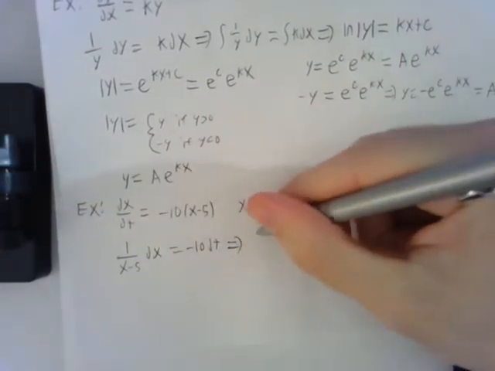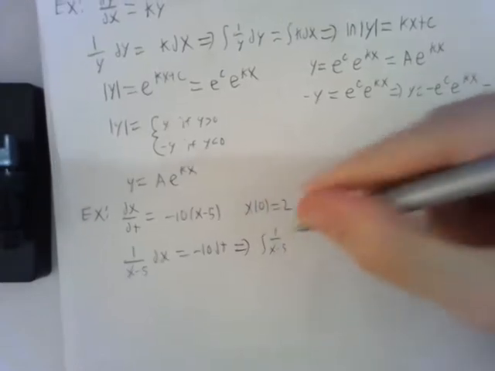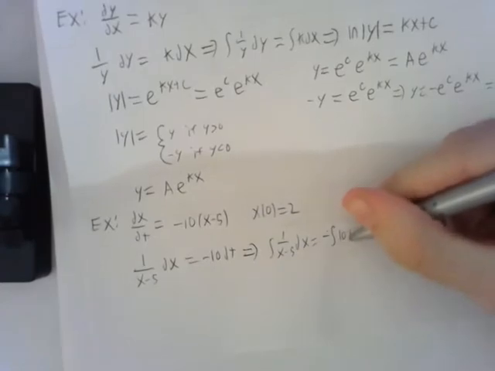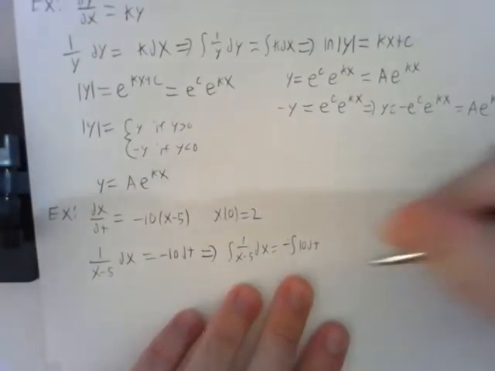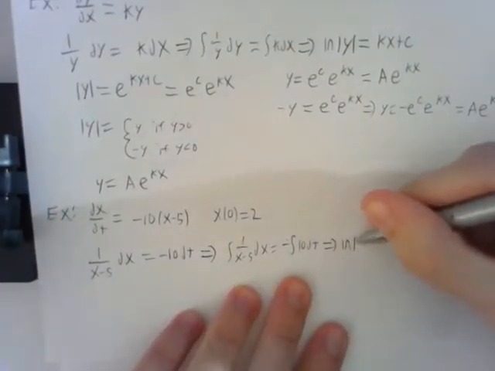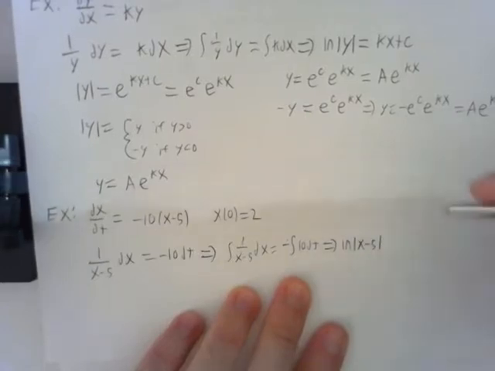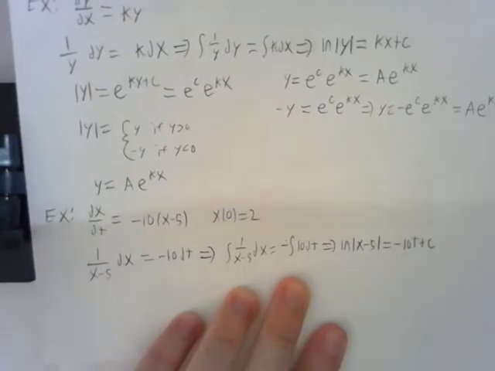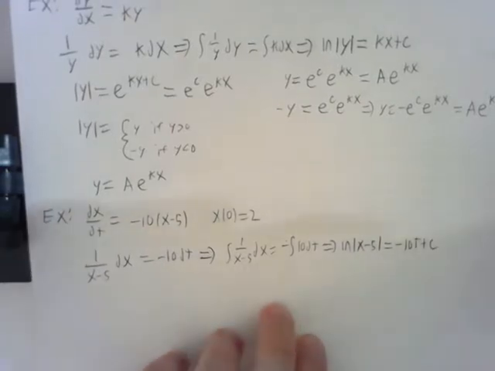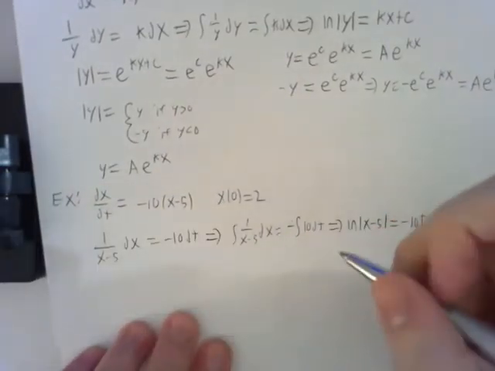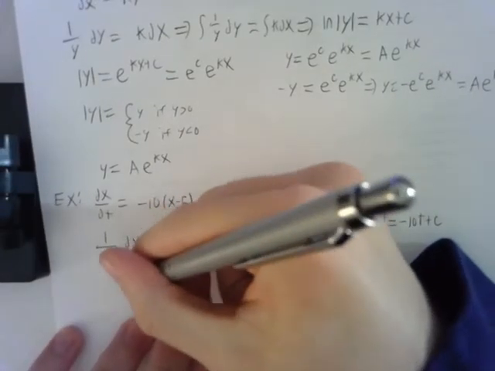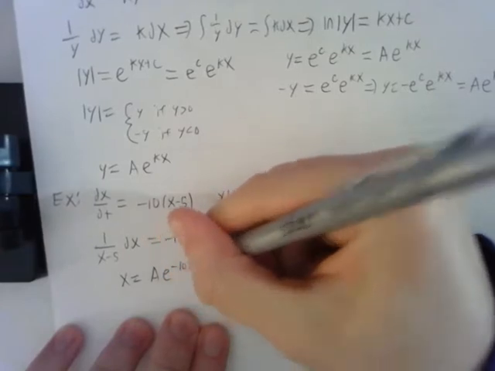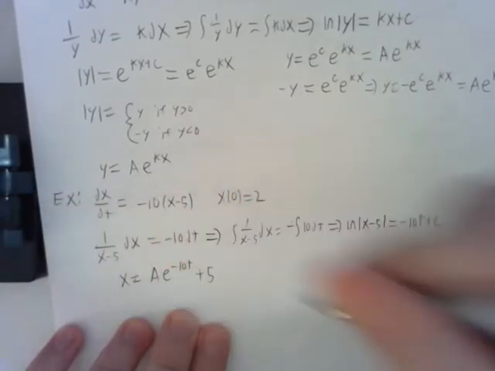We integrate both sides. And this gives us natural log absolute value x minus 5 equals negative 10t plus c. If we solve this for x, then after a little bit of arithmetic, we'll get x equals a constant times e to the negative 10t plus 5.